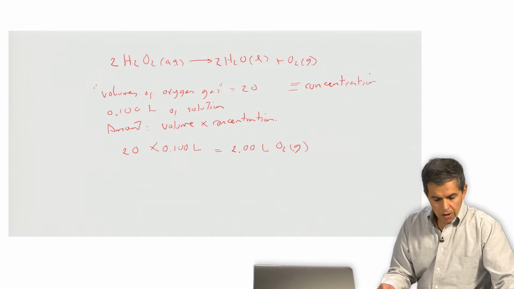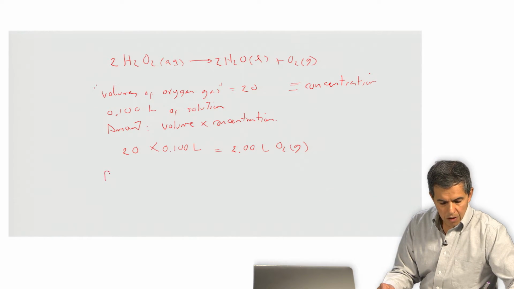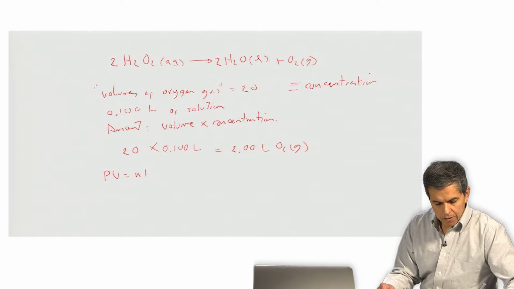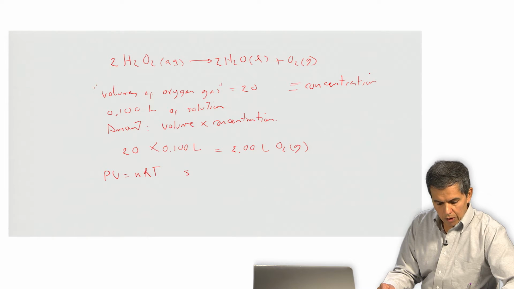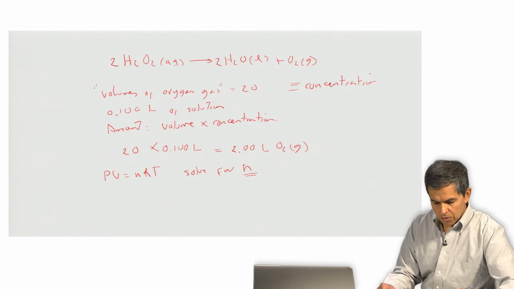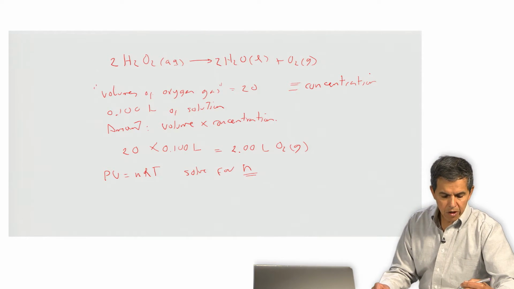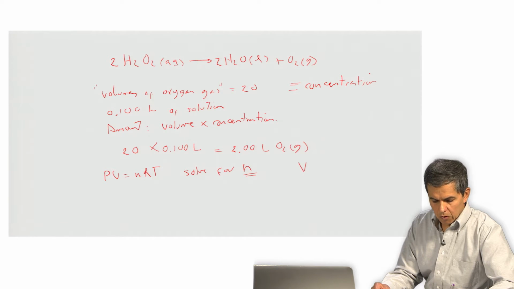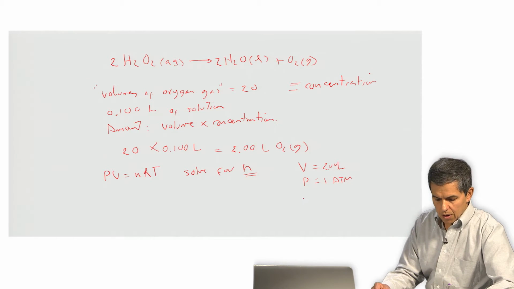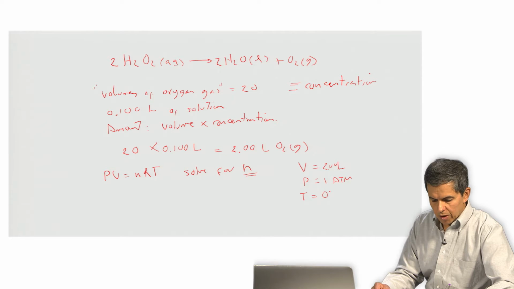Now we can use the ideal gas law, PV equals nRT, and solve for n. Let's see what information we have available. The volume of gas is 2 liters, we just calculated that. The pressure is 1 atmosphere. The temperature is 0 degrees Celsius or 273 Kelvin.